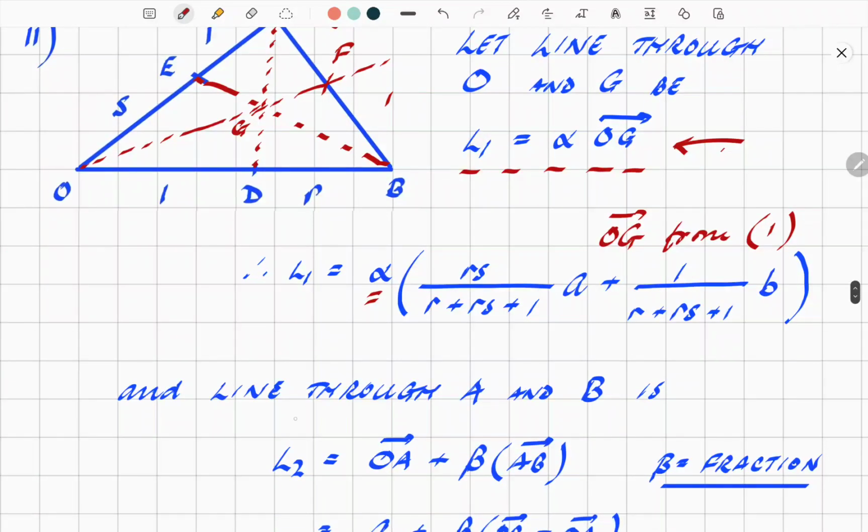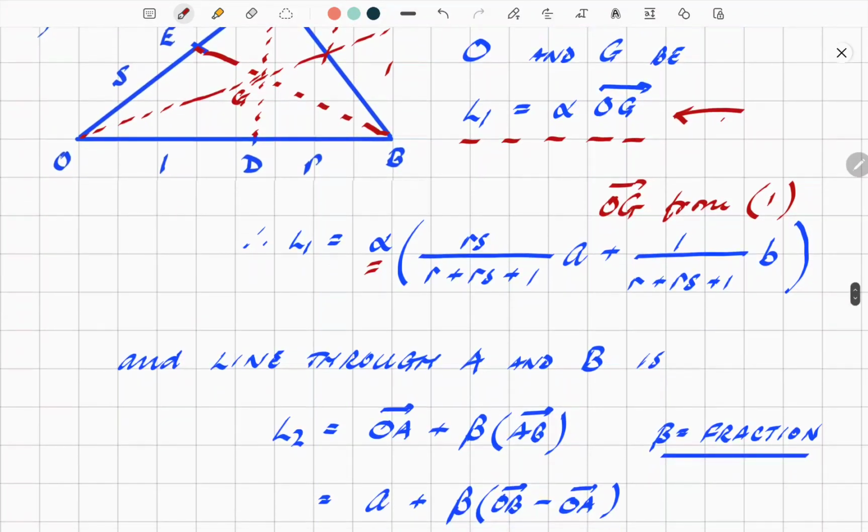And then a line through AB, or A and B if you like, is starting with your position A, all right, so at A, and then some multiple, if you like, of the line segment. Okay, this is a line segment rather than an infinite line. Line segment AB, all right?